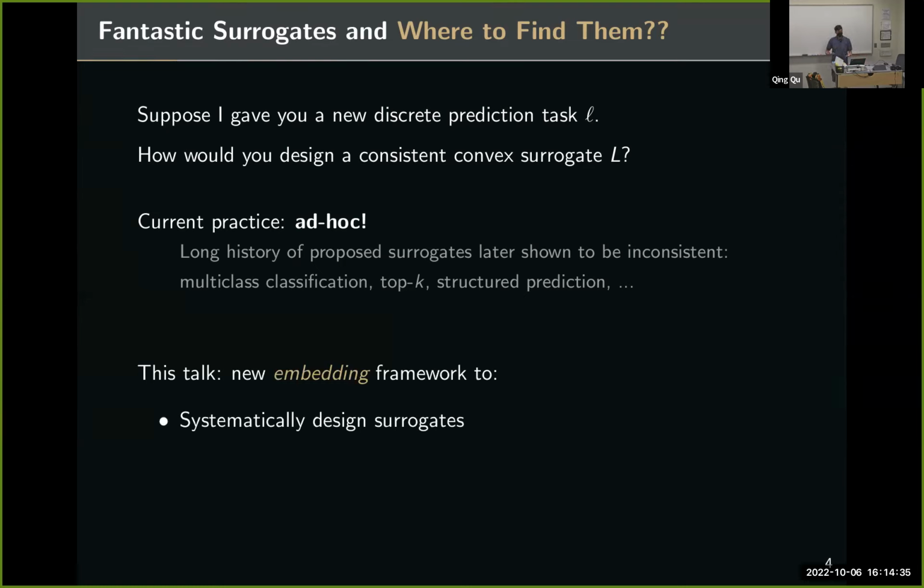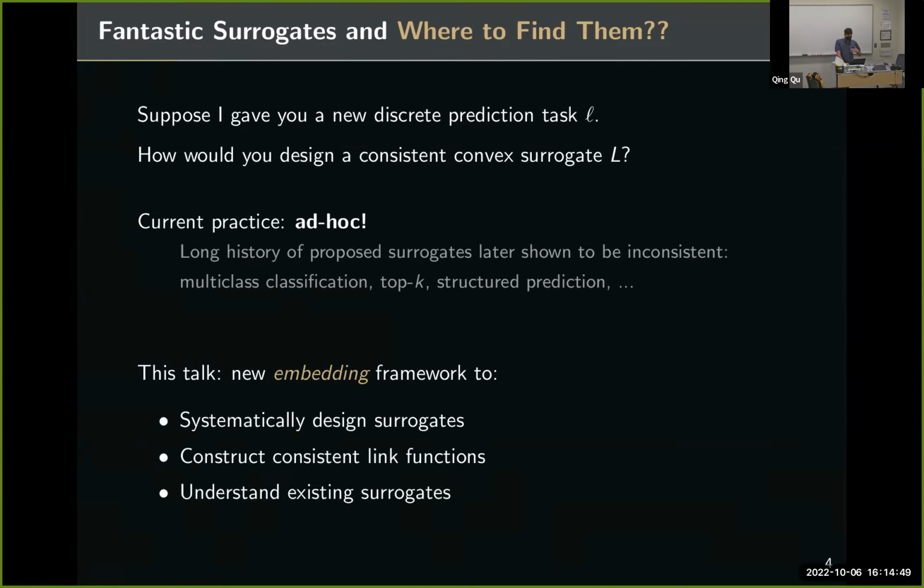But what I'll tell you about is a new embedding framework to design surrogates, so we can construct surrogates and prove that they're consistent, and we can use the same tools to understand existing surrogates of a particular type.